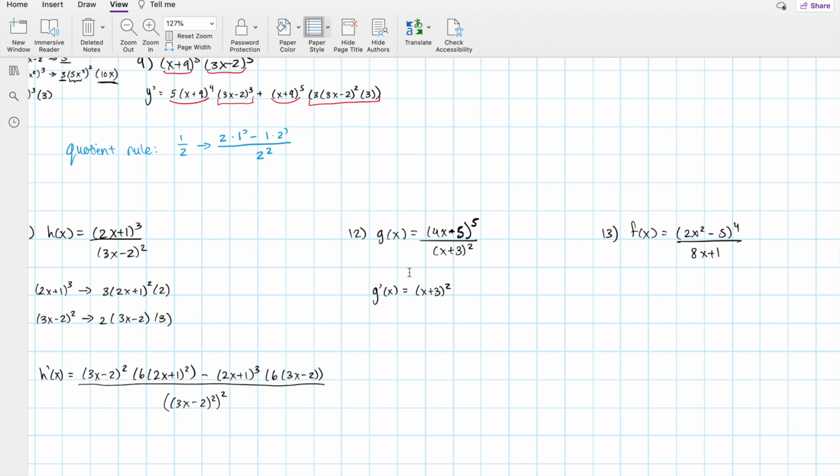So 5 times (4x plus 5) to the power of 4 multiplied by the derivative of what's inside, which is 4, minus the top times the derivative of the bottom, which is 2 times (x plus 3) times 1, all over the bottom squared, so (x plus 3), and I'm just going to do to the power of 4. That's the quick note that x to the power of 2 squared is just x to the power of 4.